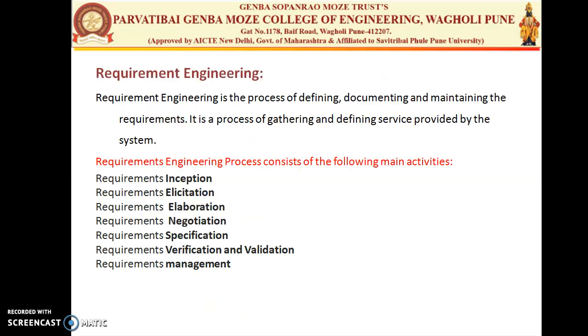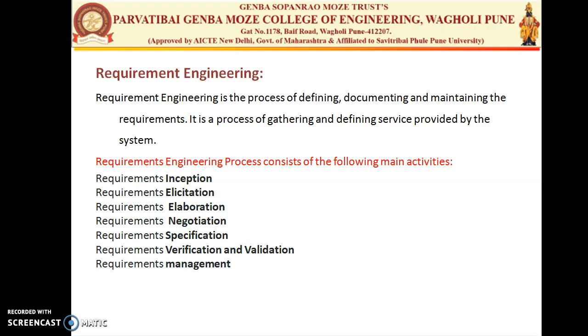So first, let's start with the basics of requirement engineering. Requirement engineering helps software engineers and developers build a better understanding of the problem and the nature of the problem, so they can work together. How does this understanding take place?